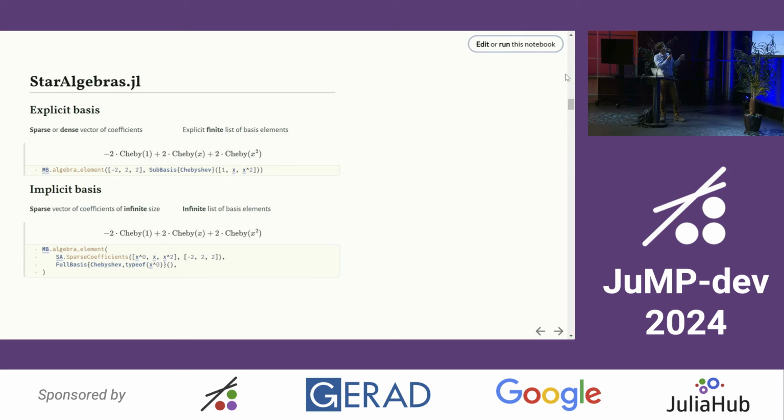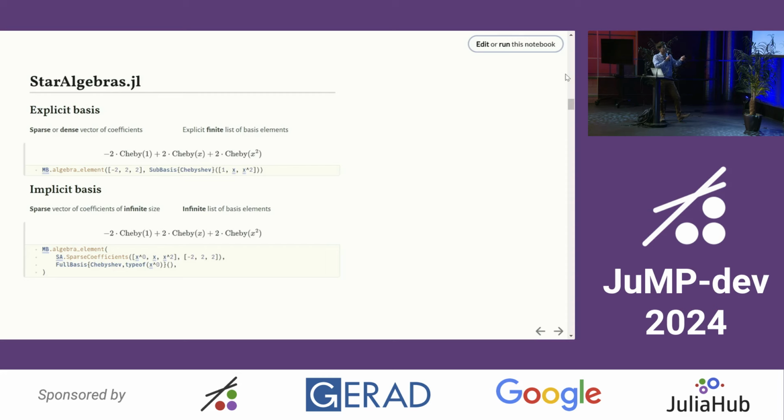And we decided on this design with two kinds of bases. So we have explicit bases. Explicit bases are bases that have a finite length, so you have a finite number of elements in this basis. For example, you can say I take all the Chebyshev polynomials, the 0th one, the first one, and the second one, and I want to represent some elements in this basis, and this is the same polynomial as before.